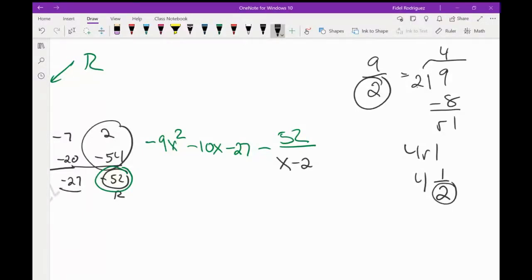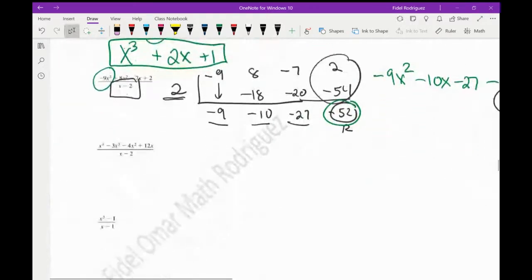And remember, like improper fractions and mixed numbers, we could say, look, 2 times 4 is 8, plus 1 more is 9. So we're kind of doing the same thing here. We're taking our remainder and putting it over whatever we were dividing by. In our case, we were dividing by an x minus 2, okay? So that remainder, y'all, is always going to go over the original denominator with the x and everything in there, okay?